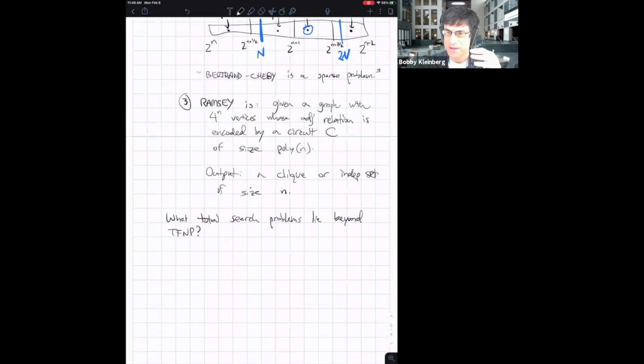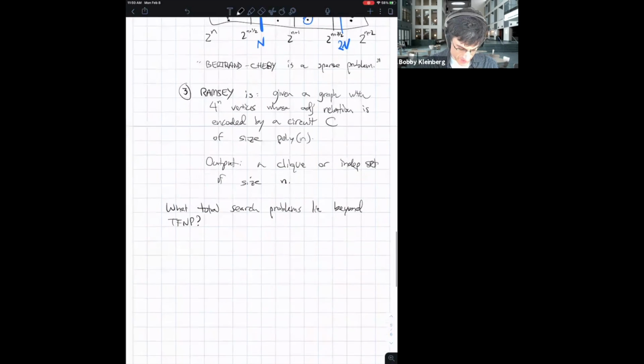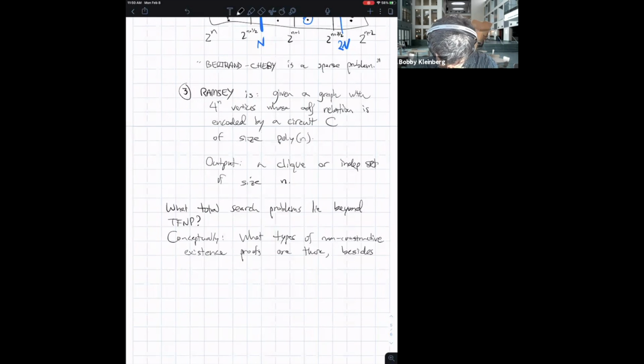And since I was stressing this perspective that says complexity classes that are in TFNP but not in FP correspond to general non-constructive methods for proving existence of mathematical objects, then a conceptual question relating to this complexity question that I just wrote down is what types of non-constructive existence proofs are there besides the ones detailed above.